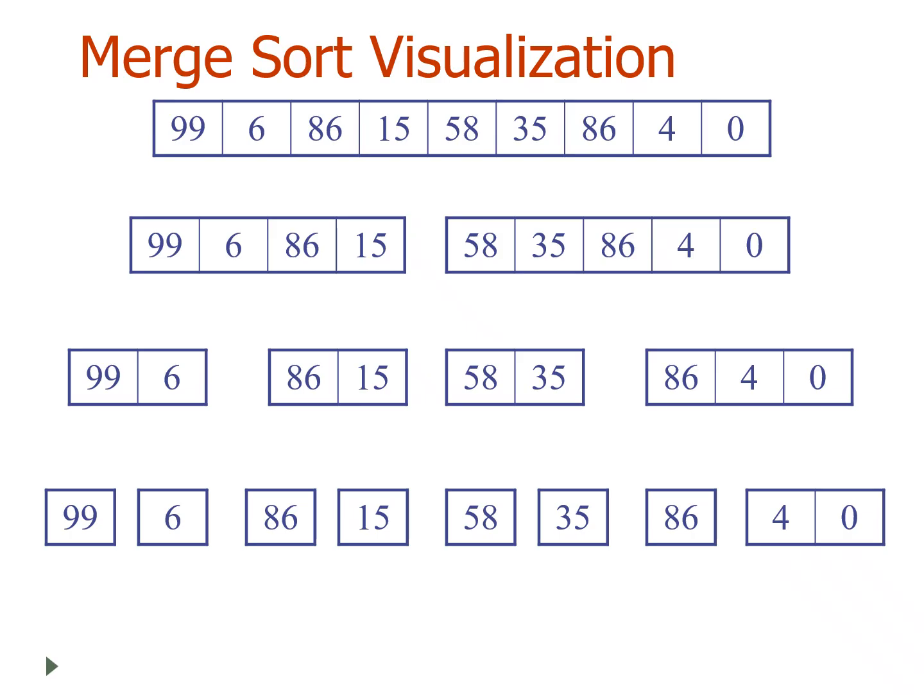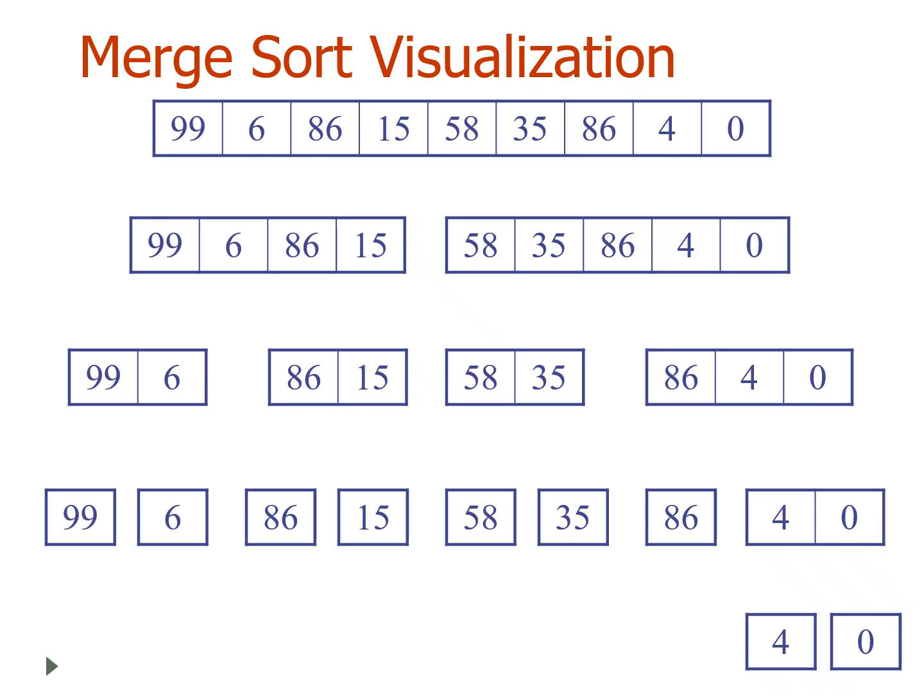So I'm working with these individual subarrays, each of size 1. Because I have this nasty one on the right, which has 86, 4, and 0, it will take me one more step to split it. So now the picture is, as you see, at the bottom right, you have the 4 and 0 after I split them.